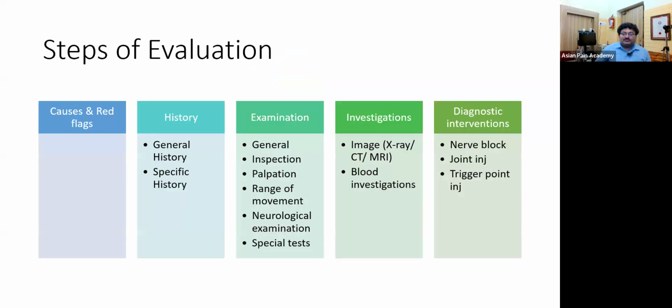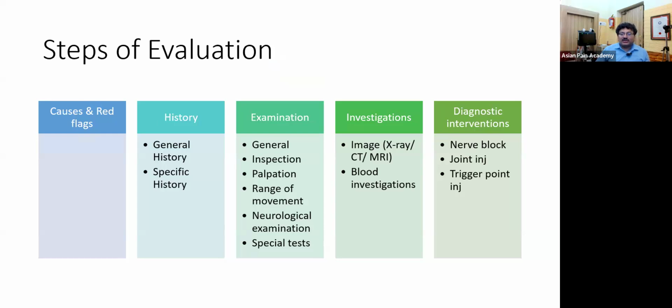Now we're going for the steps of evaluation. When a patient comes to you, what will be the first step? First, we have to start thinking of the causes from the clues in the patient's history, and we need to exclude the red flags. This is the first and foremost point. If there is a red flag, we have to immediately start investigation.